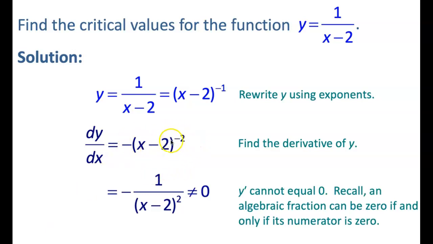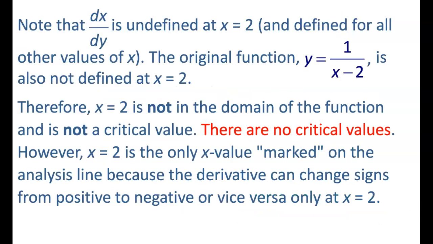But now if you write it in terms of positive exponents, it's easy to see that this fraction will never equal 0, okay? Because the numerator will never equal 0. So y prime will never be 0, but the other place that we find critical values are where the derivative is undefined, okay? And that happens where x equals 2, because that would cause our denominator to be 0.